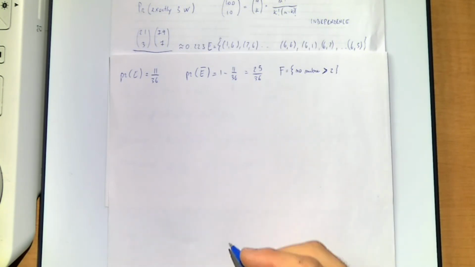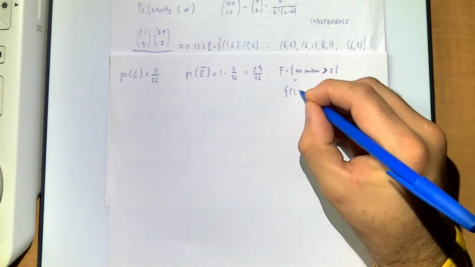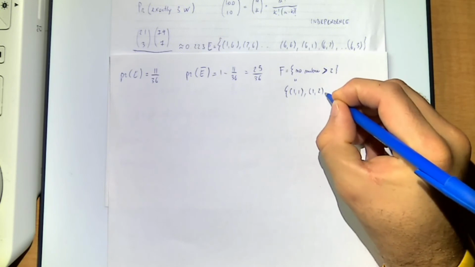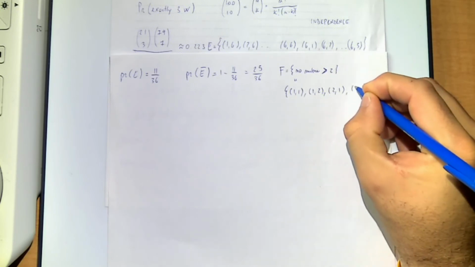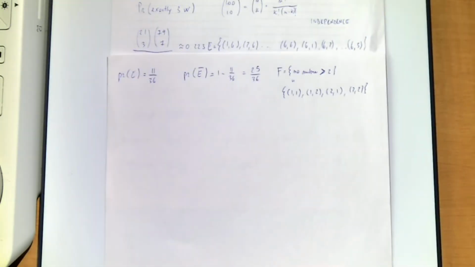Well, then F is given by the following pairs. This we can write all. Obviously 1 1, 1 2, 2 1, and 2 2. So if I fail, maybe this is like, okay, feeling really bad. I'm going to talk about this imaginary game that we're playing.